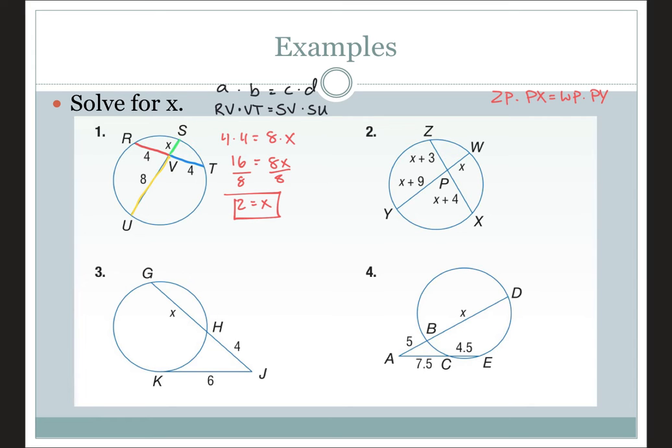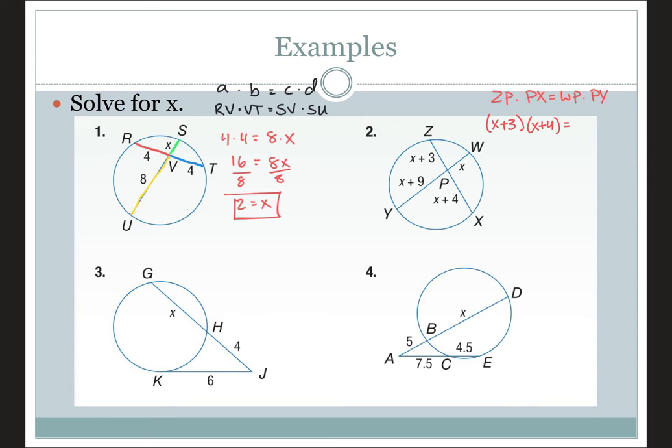Okay, this is another segment of chords. My apologies, segment of chords. And again, I used the proper name of the segment pieces so that you can see which one I'm using. So this first one, ZP, is going to be x plus 3. And then PX is going to be x plus 4.